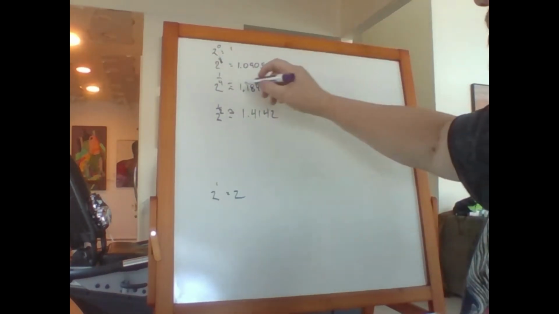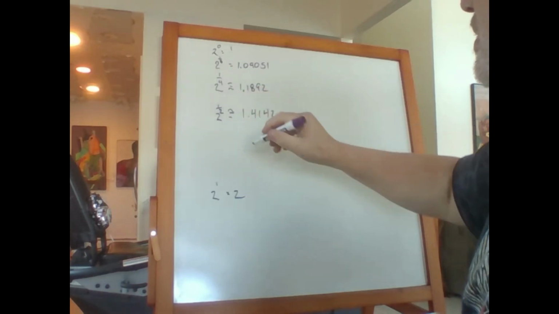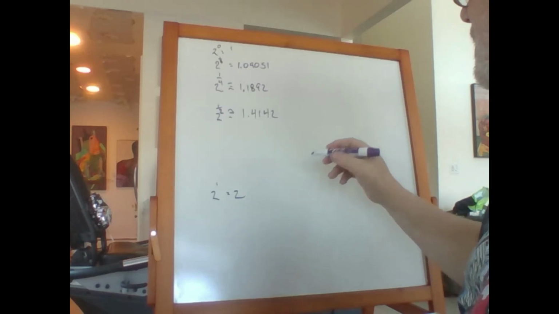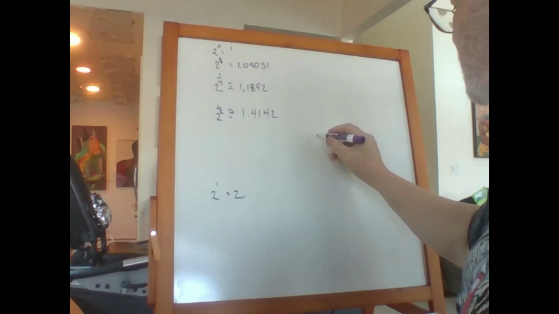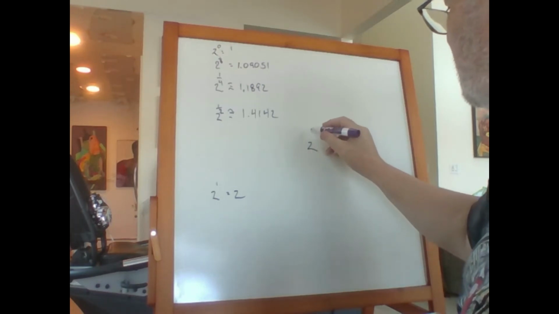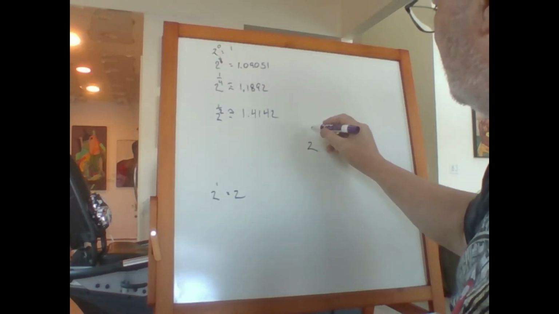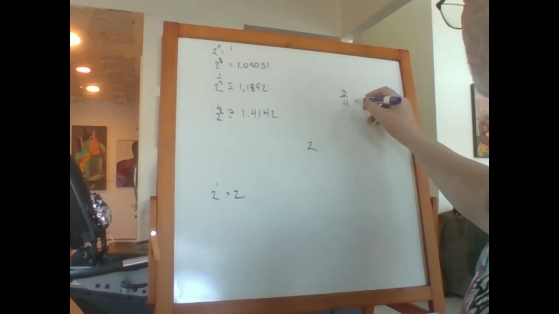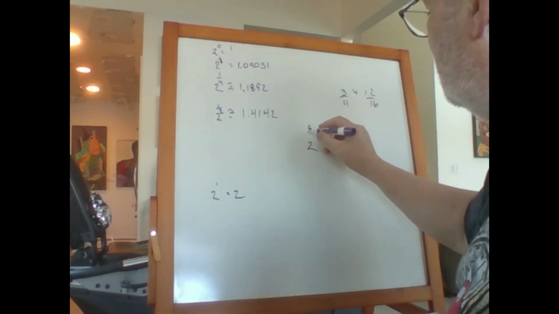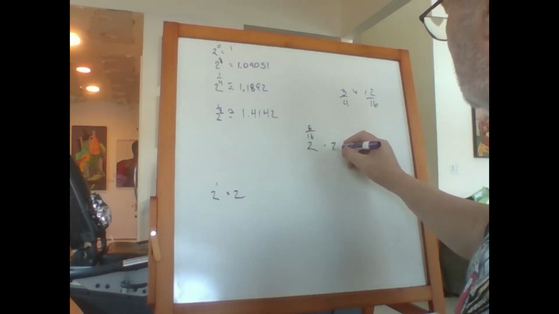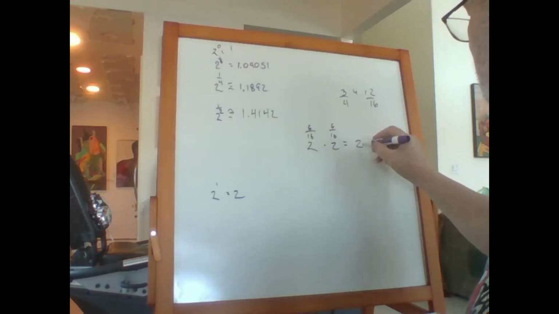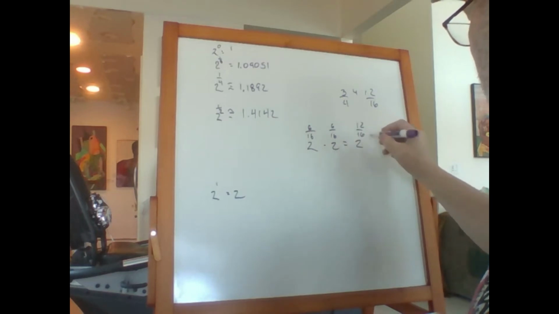Okay, so now let's look between here and there. What number would be there? Well, 2 to the 0.75. So that's 2 to the 3/4. So how do we get there? 2 to the 3/4. So that's 12/16. So 2 to the 6/16 times 2 to the 6/16 equals 2 to the 12/16.